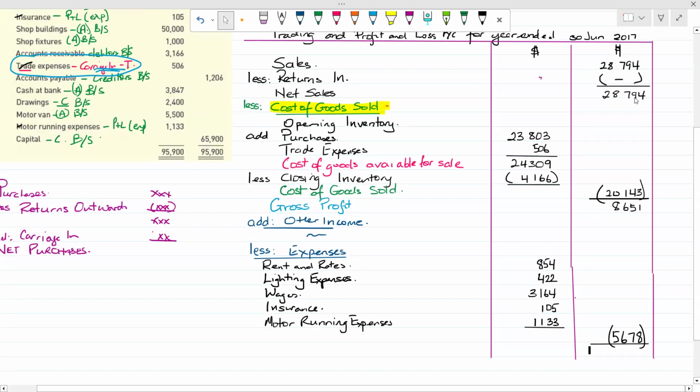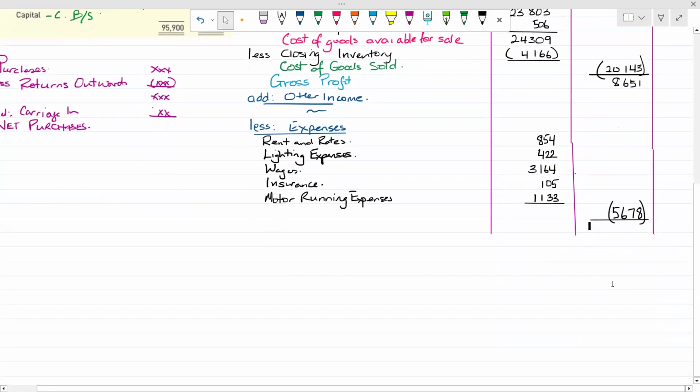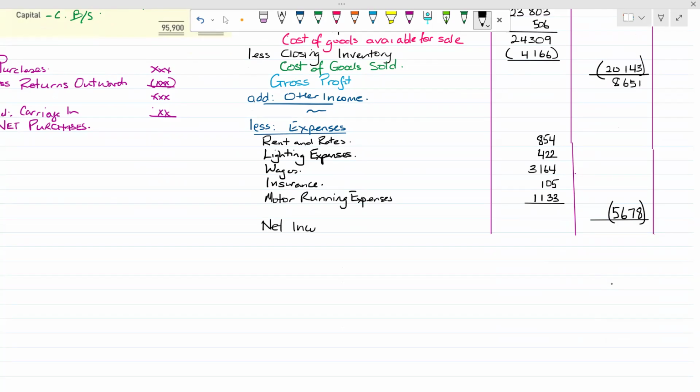You know what your total net sales were, what your total cost of goods sold were, what the gross profit was, what the total expenses was, and then the difference between our gross profit and our total expenses is what is going to give us our net income, or we sometimes refer to as our net profit. And we draw a double line underneath it.